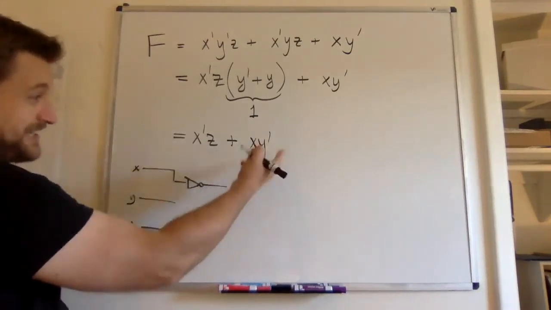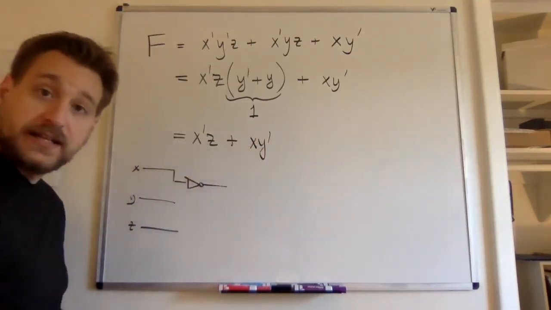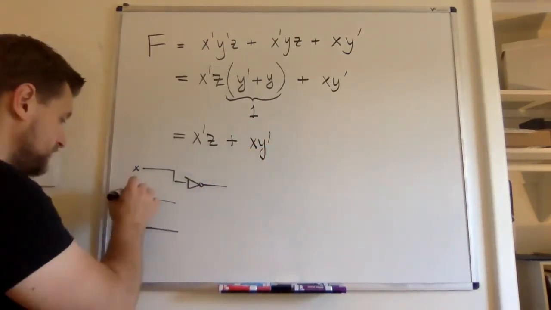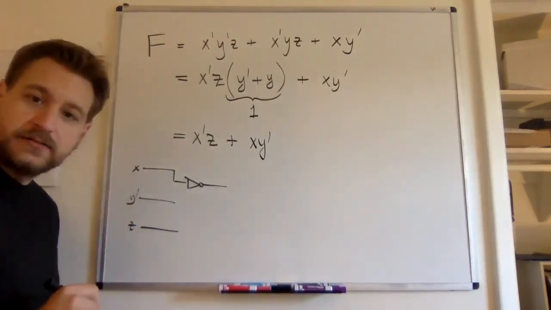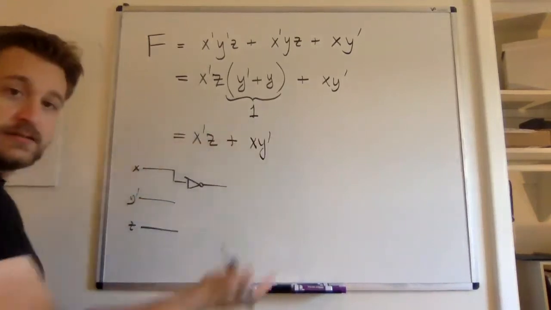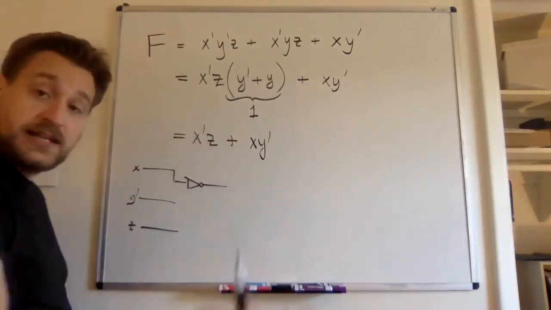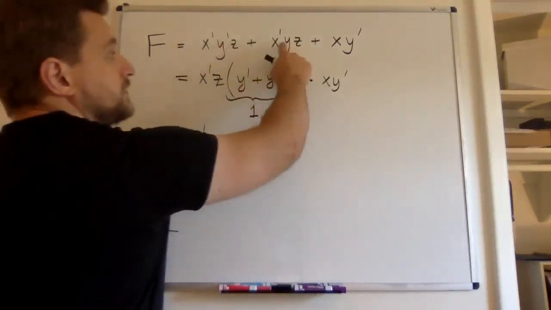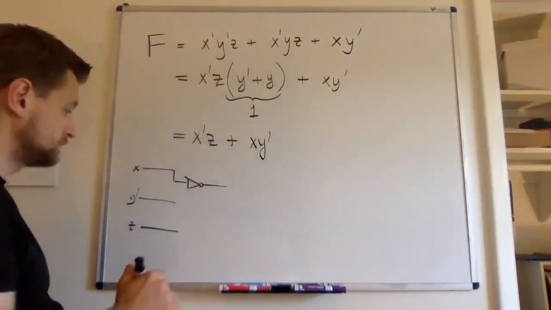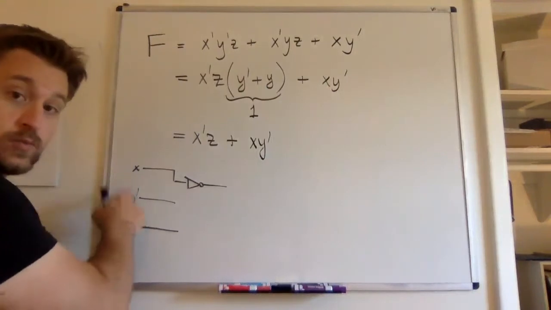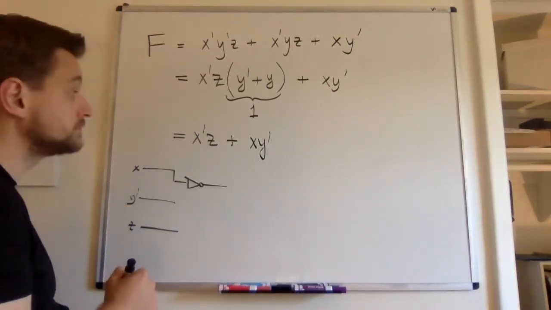I guess technically we still need an inverter for y, but we could just start with the complement of y, because that's all we need. I don't need the uncomplemented y, not like I do for this term in the original expression. So it's already y complement.